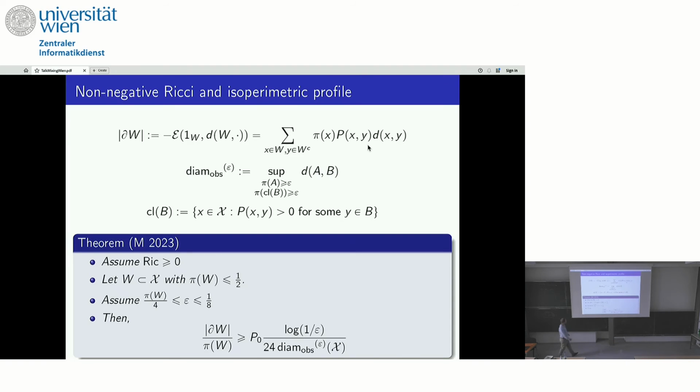And the nice thing about this is that we don't need to know any information about the tail of the concentration profile. We already get the good estimate, assuming 1 point from the concentration profile. So you can choose every point from the concentration profile, and we'll get a good estimate for every point of the isoperimetric profile.